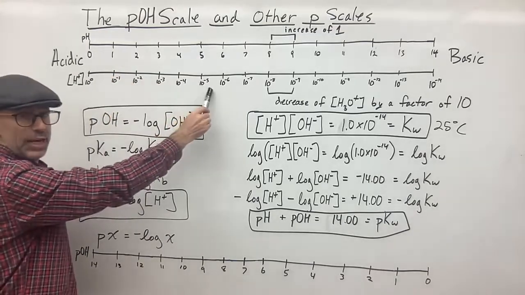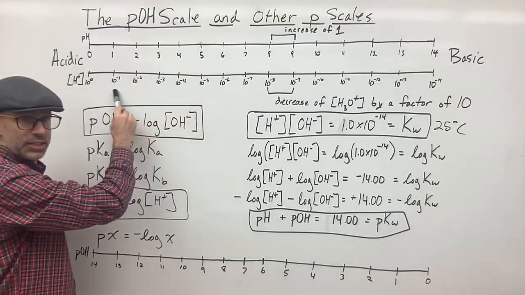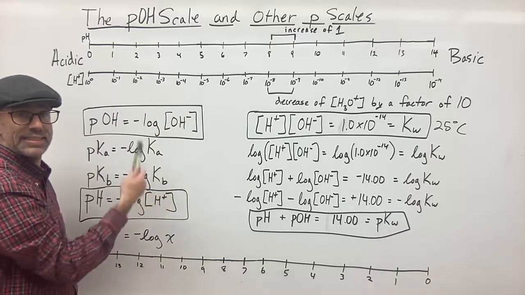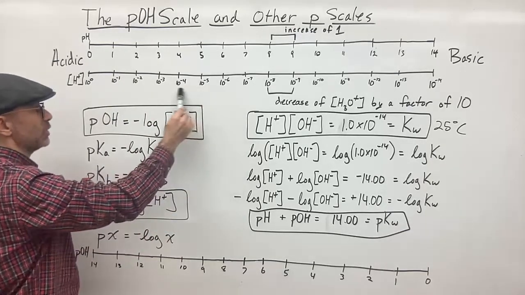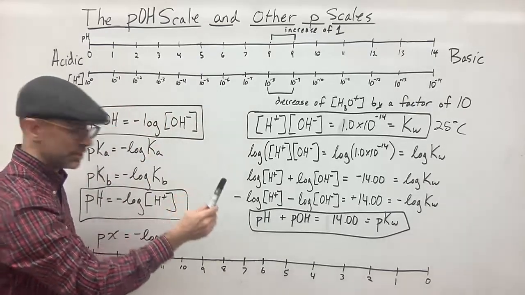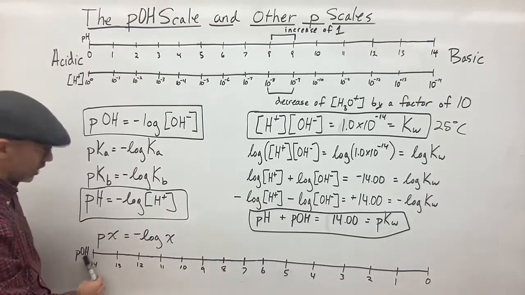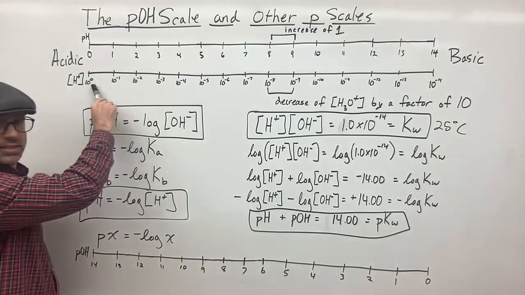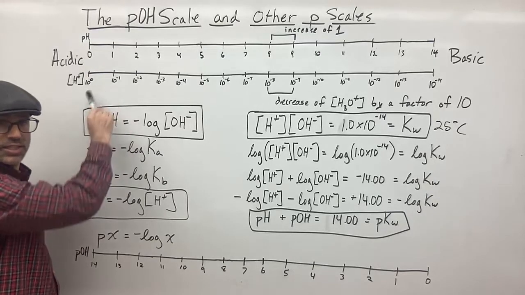But if you're increasing the H plus concentration, what's happening to the OH minus concentration? It is decreasing. So as H plus increases, OH minus is decreasing. So notice that the pOH would be 14 when the H plus is 10 to the 0.